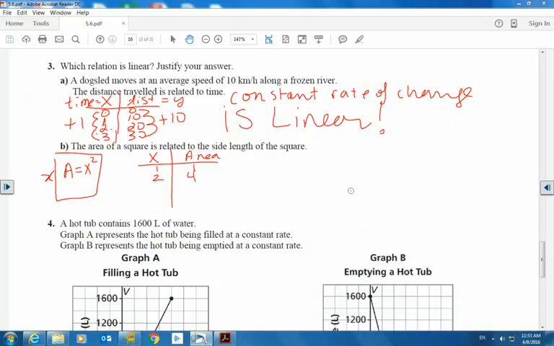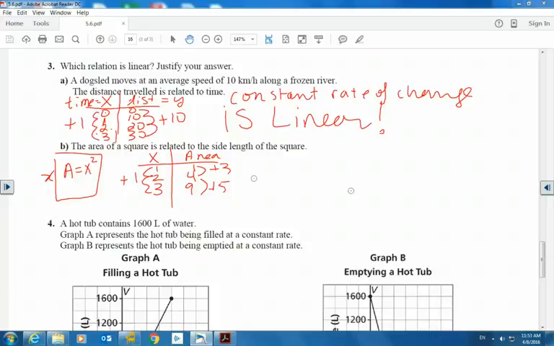And then how about if it has a length of 3? 9. Do I need to continue? No, why not? This is going up by 1, but this is going up by 3, and then it's going up by 5. So I can see right here that it's not a constant at all.